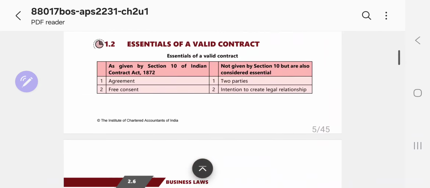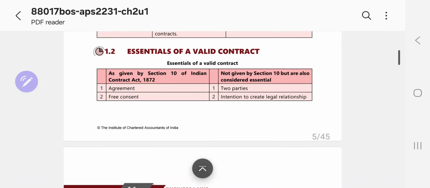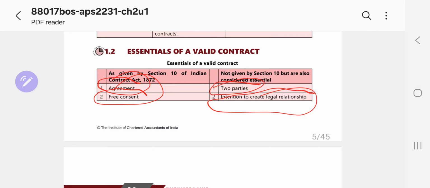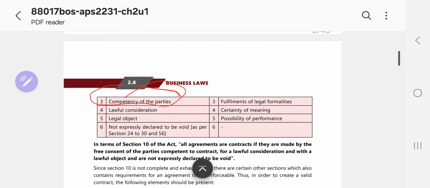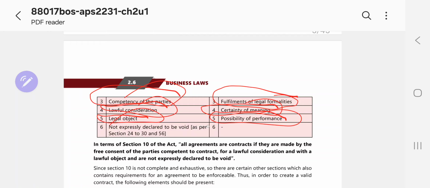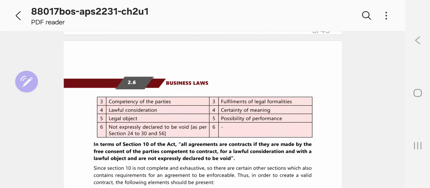So the essential elements to become a valid contract are: agreement, free consent, two parties, intention to create a legal relationship, competency of the parties, fulfillment of legal formalities, lawful consideration, certainty of meaning, legal object, possibility of performance, and it should not be void.